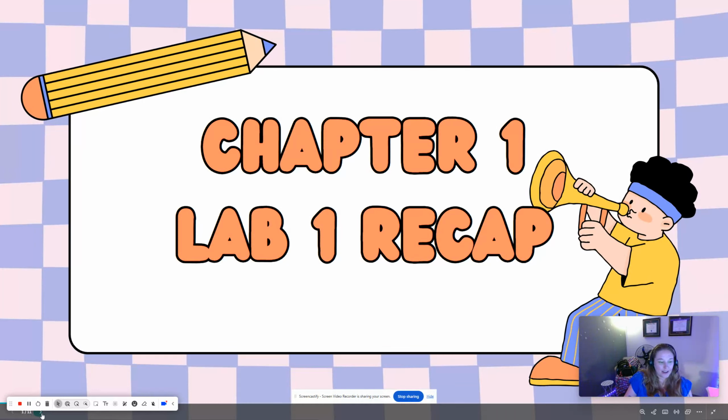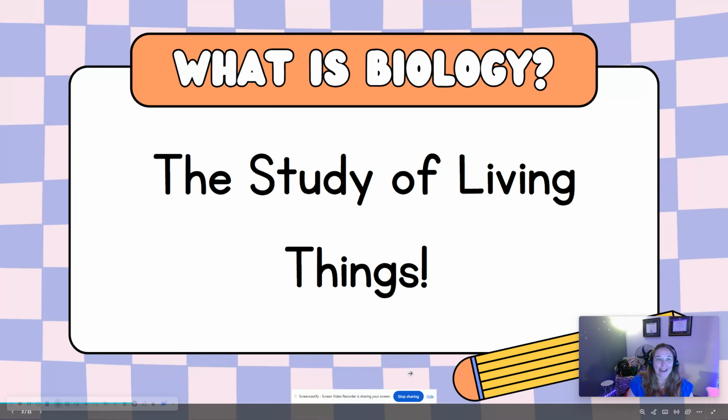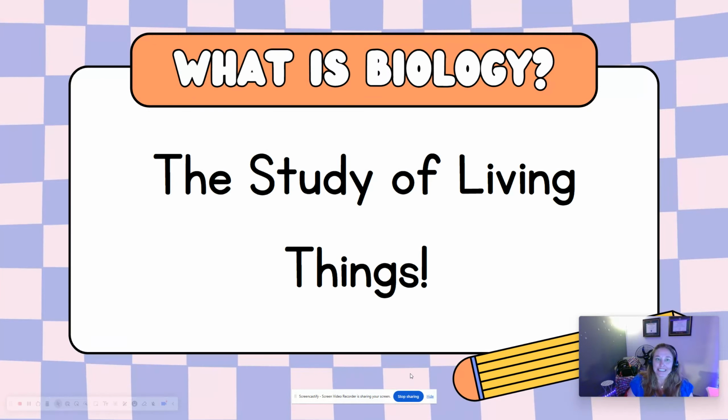All right, so if we take a look here at chapter 1, the first thing in it is what is biology? And that is the study of living things. And that is what our whole class is going to be about, studying the species, perhaps, but also their interactions internally with their cells and their tissues and their organs and the chemistry behind that, the physiology behind that.